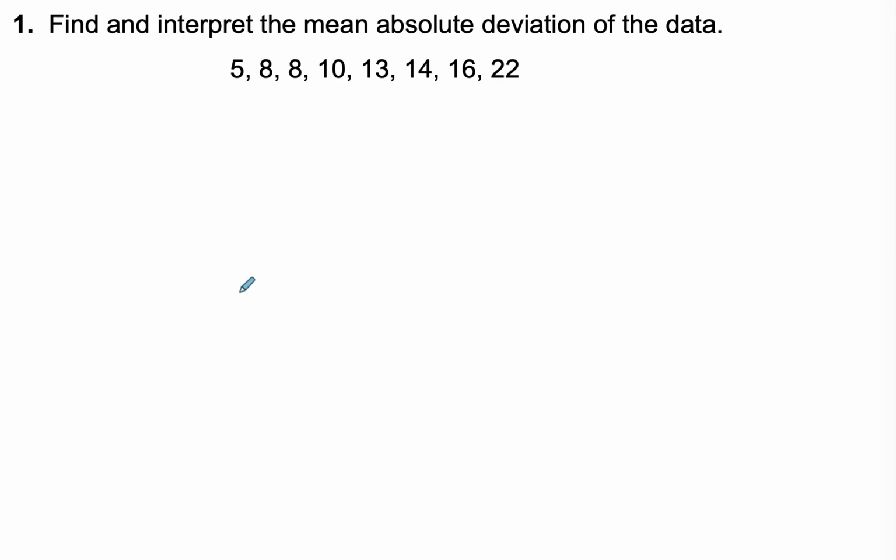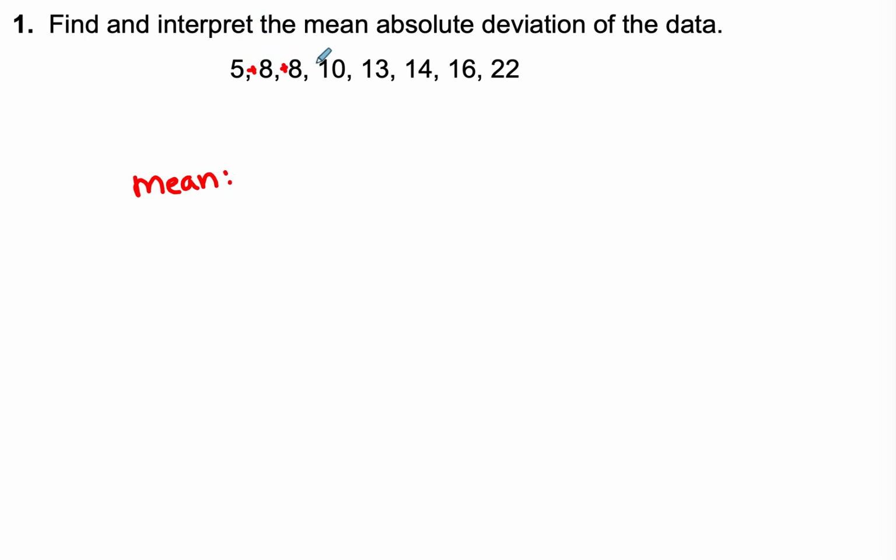Let's take a look at this next one. Find and interpret the mean absolute deviation of the data. Go ahead and pause the video and try this one on your own. Okay, let's check our answers. The first thing we need to do is add everything together.